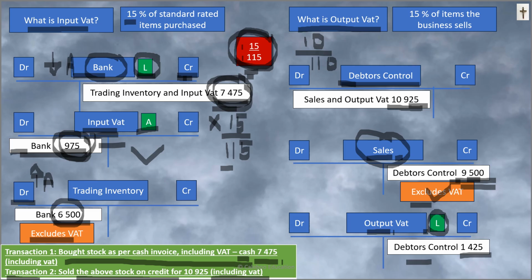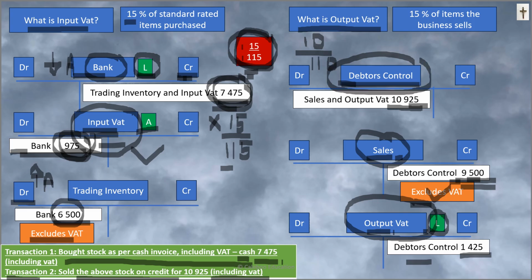So on this slide, I've introduced input VAT, the amount of money we can claim on standard rated items when we make a purchase. And I've introduced output VAT. When we make a sale, we're going to add 15% to our selling price, and we're going to collect that 15% on behalf of SARS.